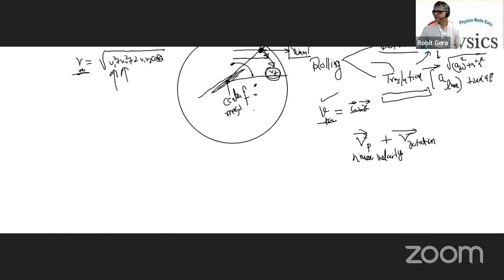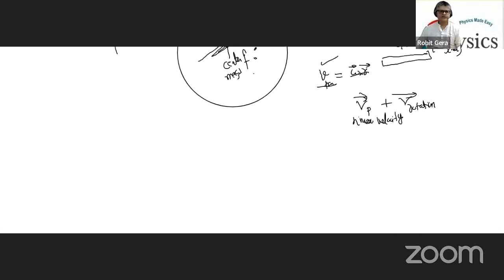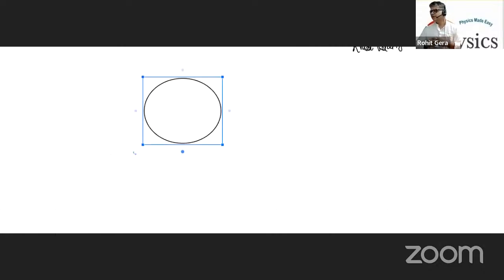Okay. Not very hard. So rolling motion generally, which is in our course, is for bodies like a sphere, like a disc, like a rod. These are the ones we are going to study for the purpose of rolling. Okay, now let's take some examples.